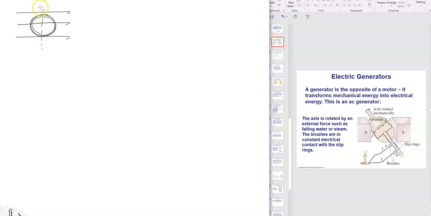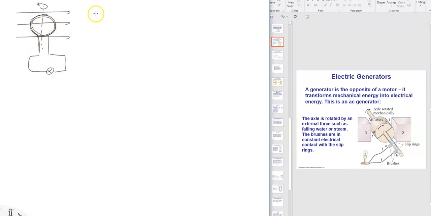So let's say we rotate it around this axis. And then we also have a mechanism to take the current out, some kind of mechanical arrangement for that, and we can connect this to a bulb, something like this. So when this thing rotates, it will produce electricity.